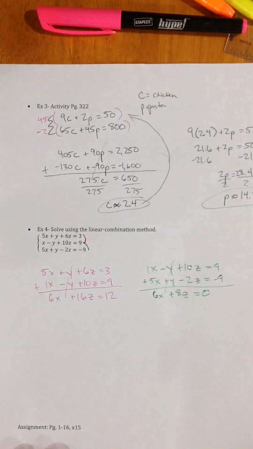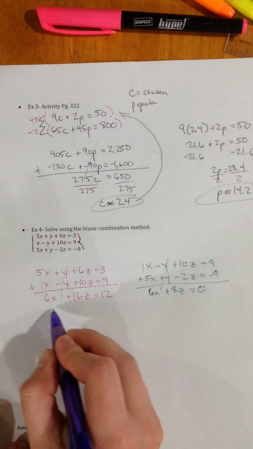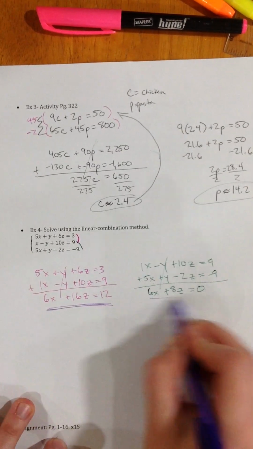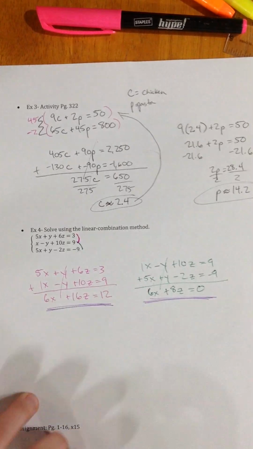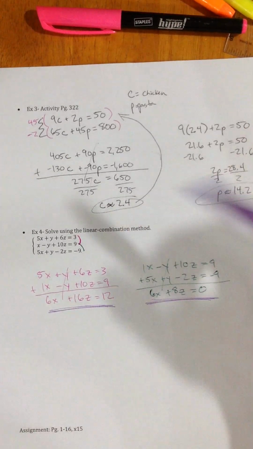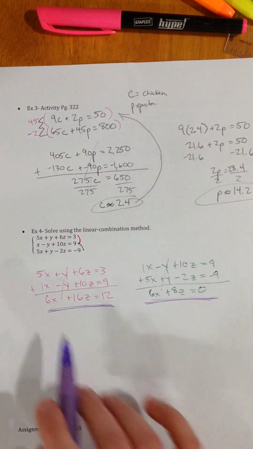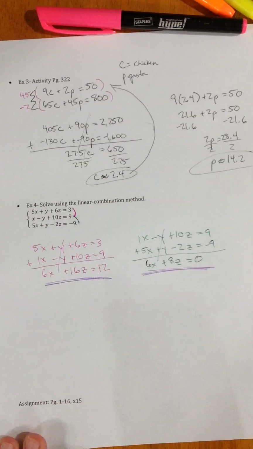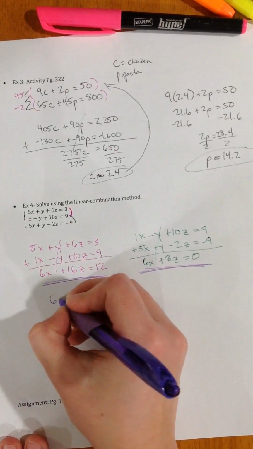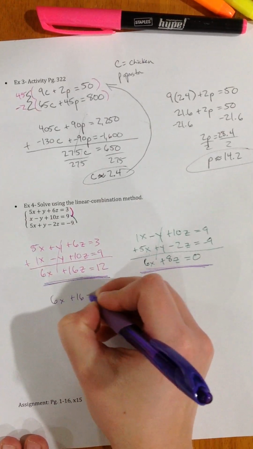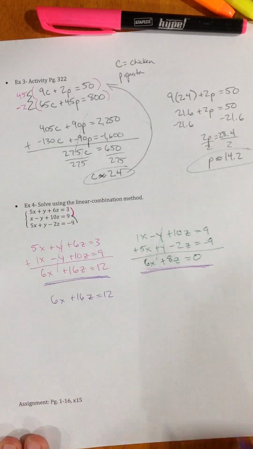So then now, switch to another color here. Now I'm going to combine this guy and this guy because those are both down to x and z, very similar to what I had when it was just the ones with two variables. So now I'm going to take those two guys, and I'm switching to a third color here. I'm going to put those guys together. So I'm going to go, okay, I got 6x plus 16z is equal to 12.